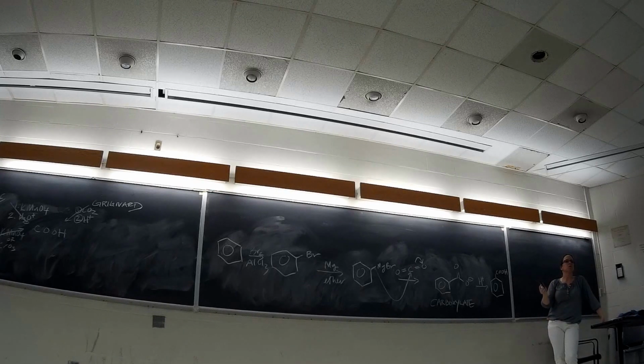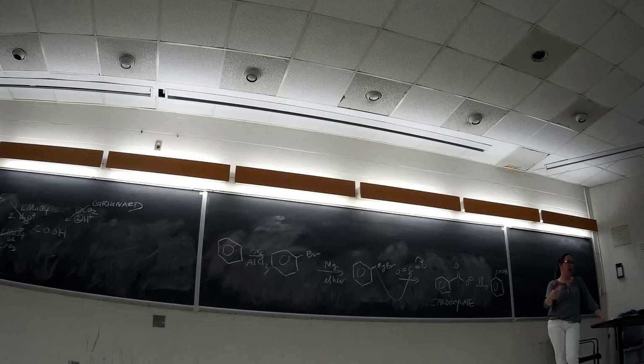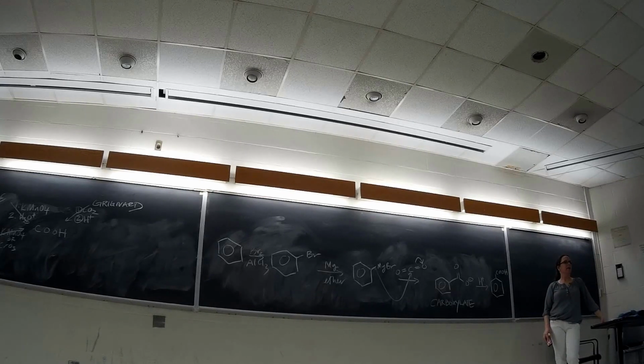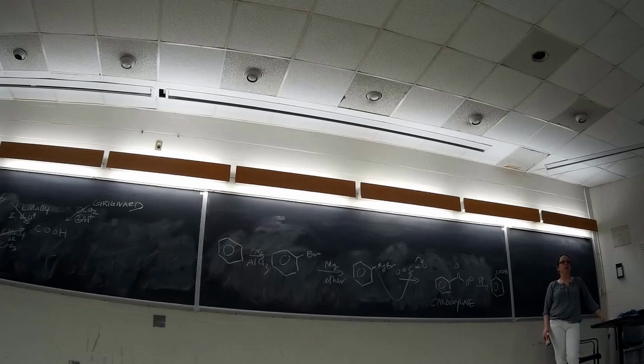I chose bromobenzene, but you can do this from an alkane chain. You could do this from an alkene, right? Lots of different alkyl halides you can start with that will, when making a Grignard and adding CO2, give you carboxylic acids. So this is one new reaction that you know in terms of carboxylic acid formation.